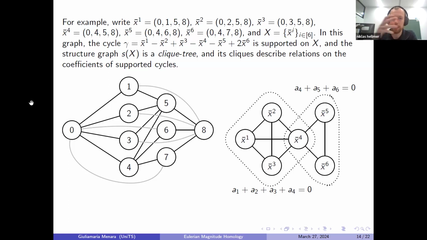The goal in the end would be to have some kind of central limit theorems like you have for the Betti numbers. One can get some central limit theorems for the magnitude function, maybe some functional central limit theorems. I think that would be really cool, but I don't know whether this is related and how.